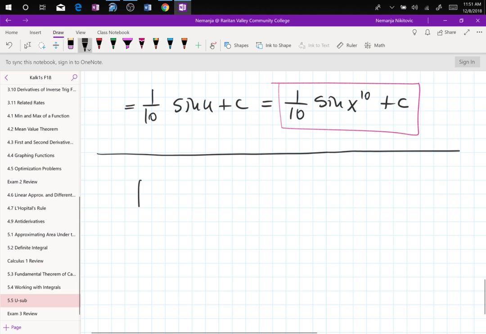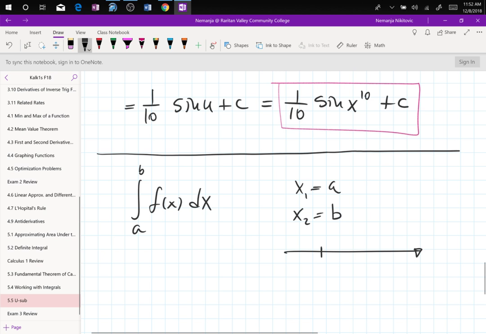So when I write the integral from a to b of f of x dx, we need to understand that x1 is a and x2 is b, and those x1 and x2, which are a and b, are on the number line x.